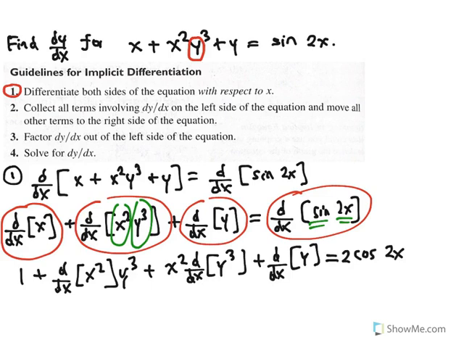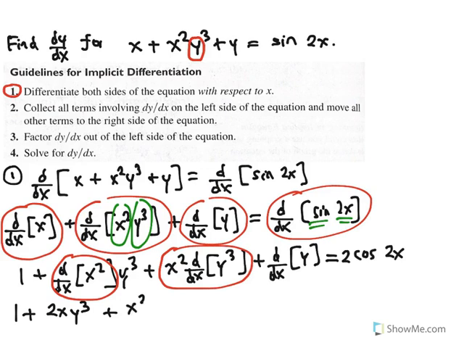So now we'll go ahead and complete the steps here. So I have 1 plus, what is this derivative with respect to x? It is 2x. So I write plus 2x y cubed plus, what do we do here? Well, I just write the x squared, and then I have to take the derivative of y cubed with respect to x. Again, you see y as your inside function.